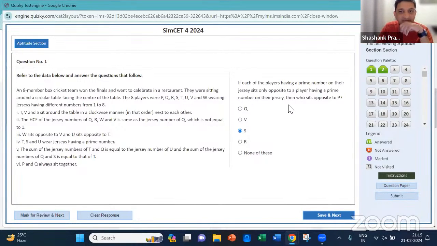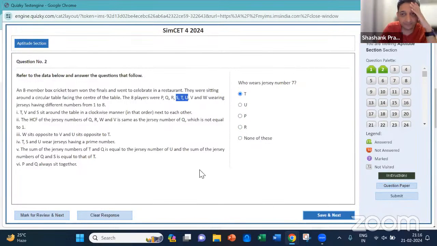Someone is sitting opposite to P. W is opposite to V, so P has to be opposite the other one, right? Who is left? T, S, U, Q are gone, so P, R, V, W. So P and R should be sitting opposite to each other. Perfect.